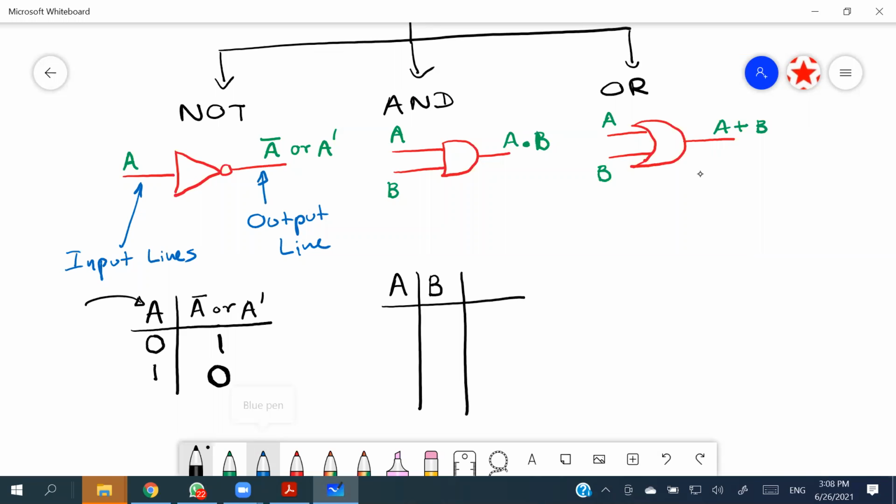These are going to be the inputs, and these are going to be the outputs. So these two indicate the inputs, and our output is given as A dot B, right? So this is the output.